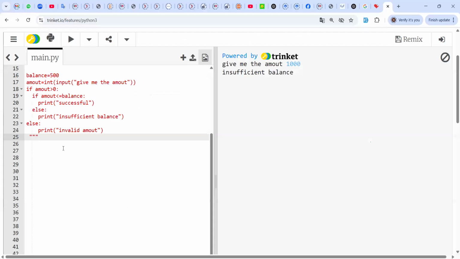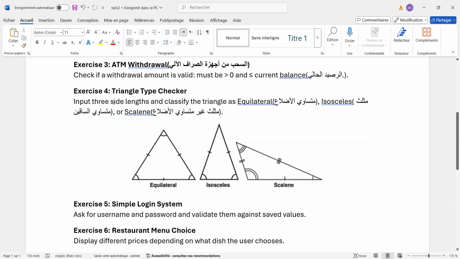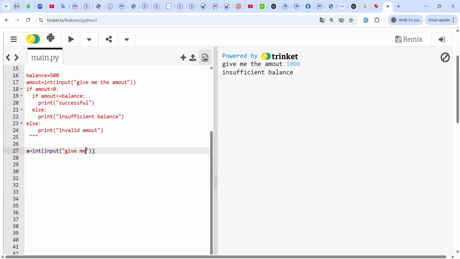So in here, we have to take, let's call it A, give me side 1, for example.